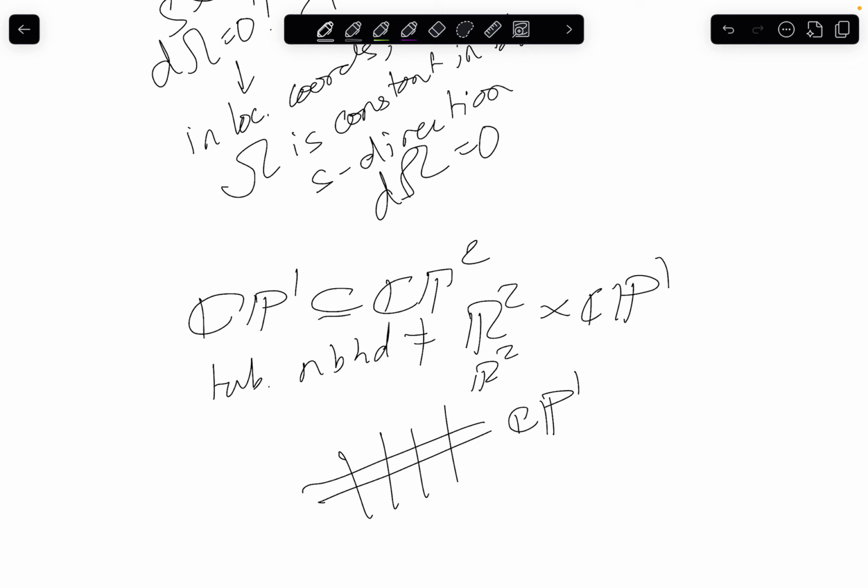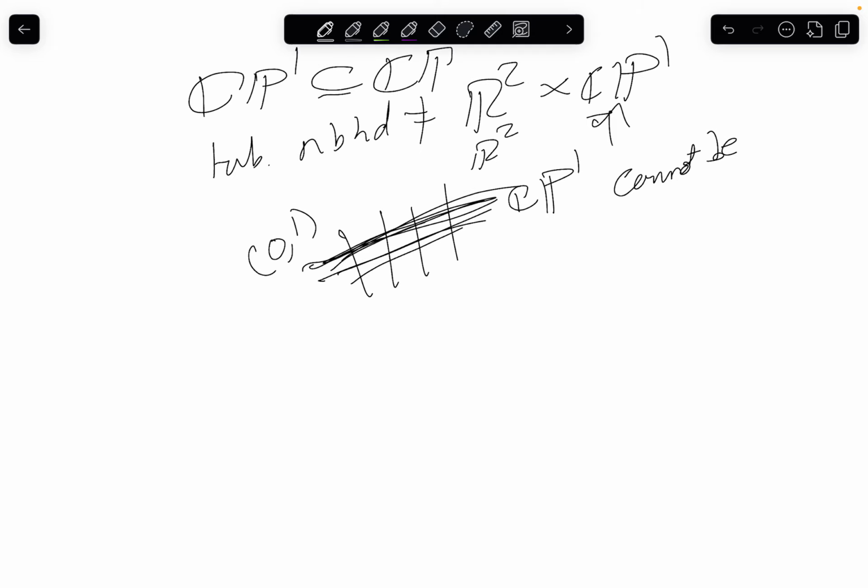You can take another copy of CP1, which is CP1 comma the point (0, 1), and these two don't intersect each other at all. So you can deform CP1 off of itself in the normal bundle or in the tubular neighborhood. But we saw that if you deform CP1 off of itself, it has to intersect itself regardless. So what that means is that this whole thing cannot be this. Does that make sense?